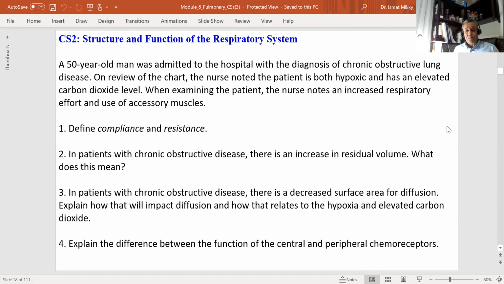However, resistance in the lungs refers to the resistance of airflow and is related to the diameter of the airway. If the airway is constricted or if the airway is dilated, a small decrease in the size of the airway will cause significantly increased resistance to the airflow, like with bronchospasm and spasm of the bronchioles.